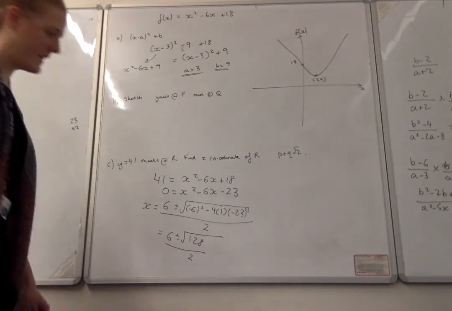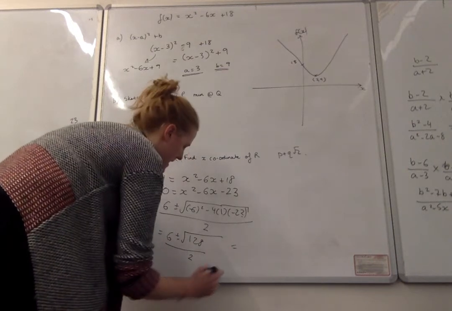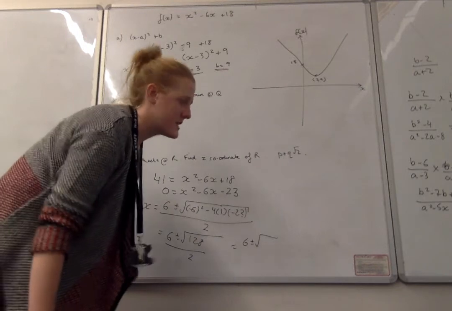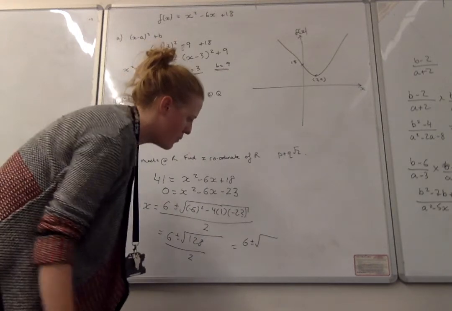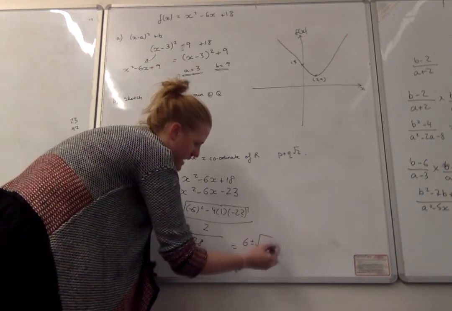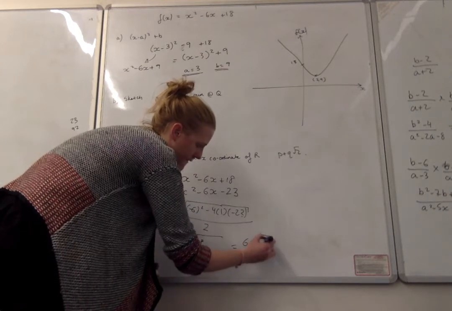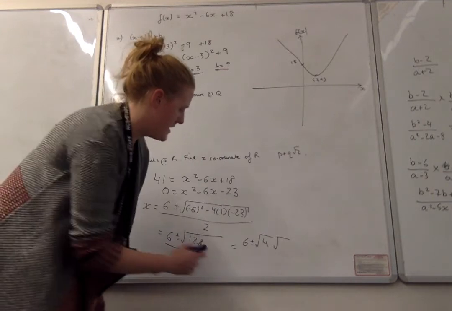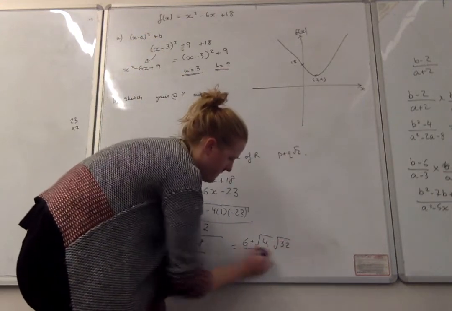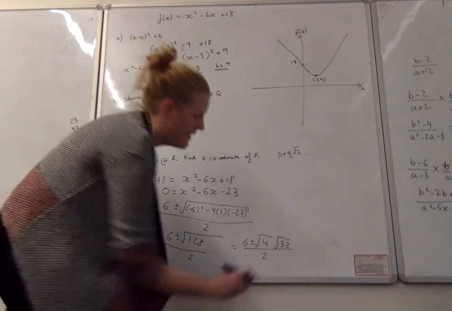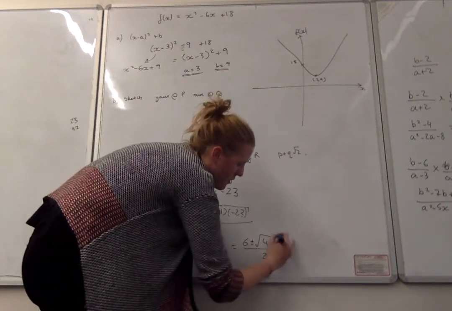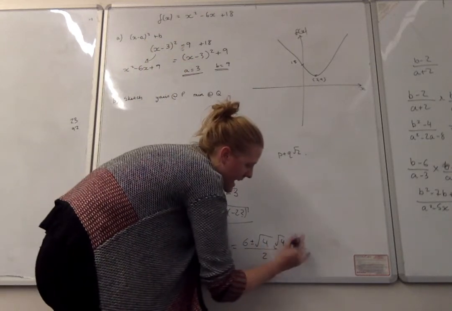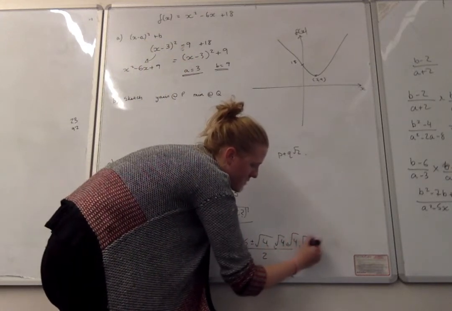Now I just need to simplify this. So let's call the root 128. Let's have a look for some square factors here. So we can divide it by 4, and that will give me 32. And then I can go again, I can make that 32 root 4 root 8, which again, I can make the root 8 root 4 times root 2.